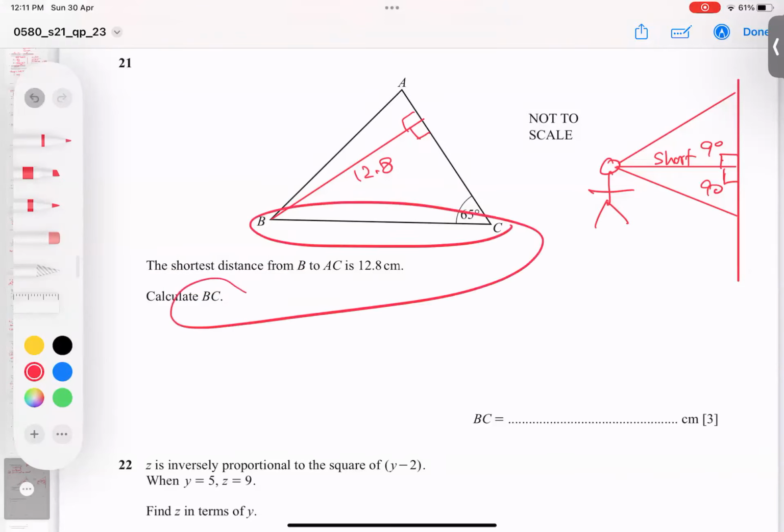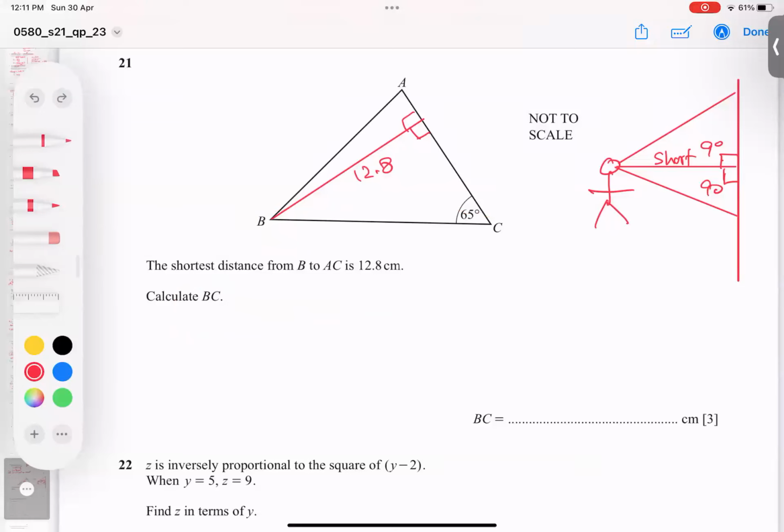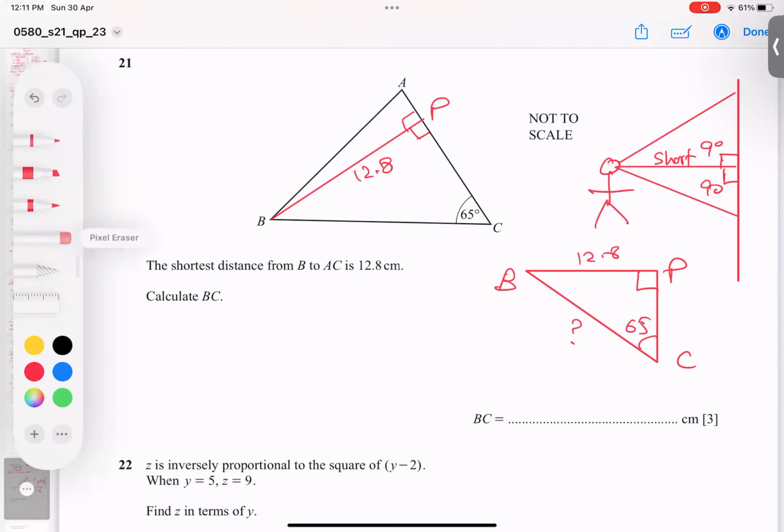Where is BC here? So use the lower triangle, SOHCAHTOA. I have just P for perpendicular, PCB. And this is 12.8. This is 65. This is the question mark. In front of the angle is called opposite.